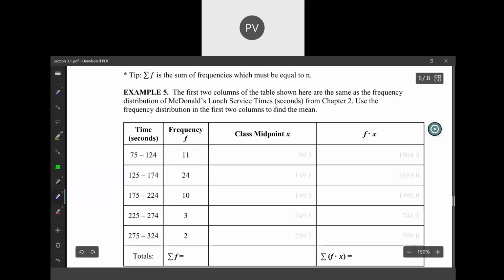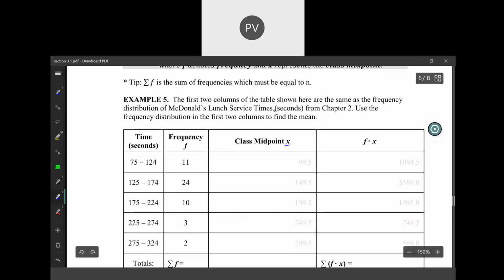Now, we need to find the x. We do not have a particular data value here. So we need to find the x. So how do you find the x? It is nothing but the class midpoint. How do you find the midpoint?